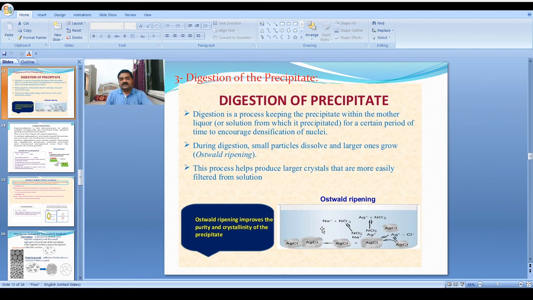And it can be shown again in the figure. This is the example of silver chloride and silver nitrate, how this silver chloride will be formed from silver nitrate and sodium chloride.